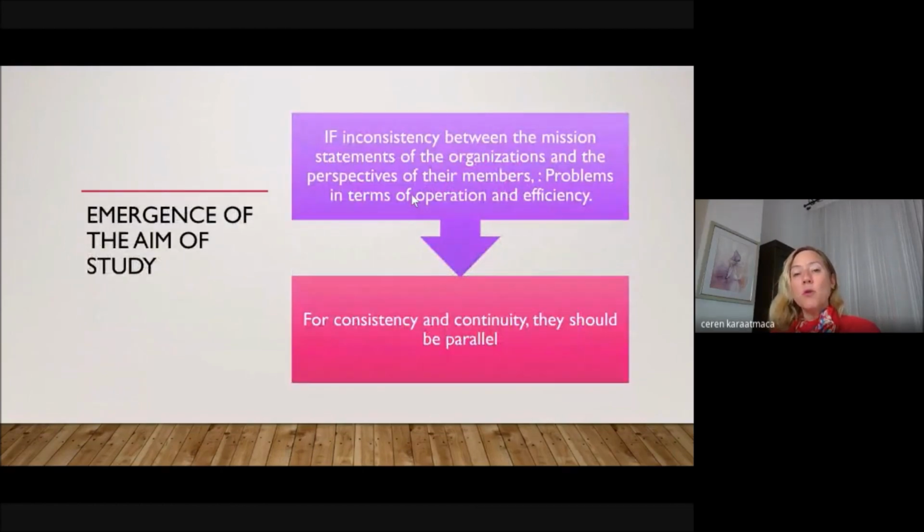And before the aim of the study and the problems of the study, we should talk about the emergence of the study. If there is an inconsistency between the mission statements, as I explained, and the perspectives of the members of that organization, then there will be problems in operation and efficiency.